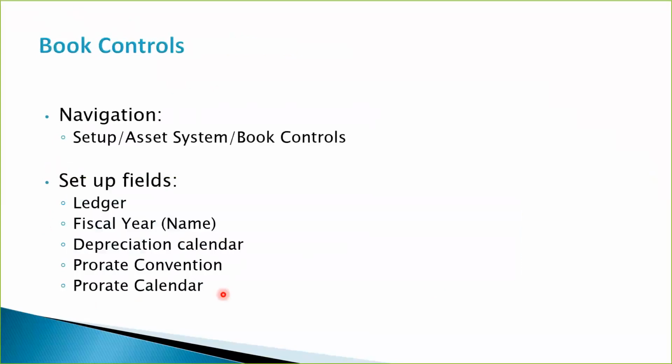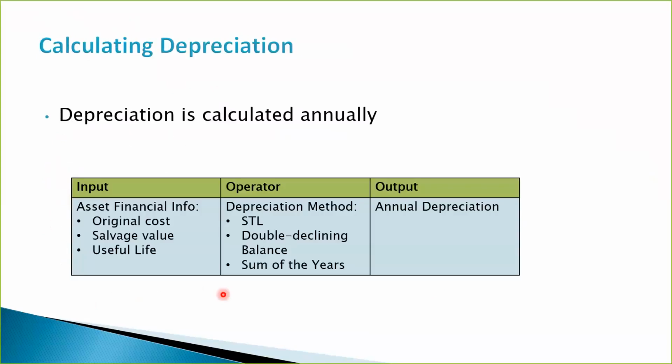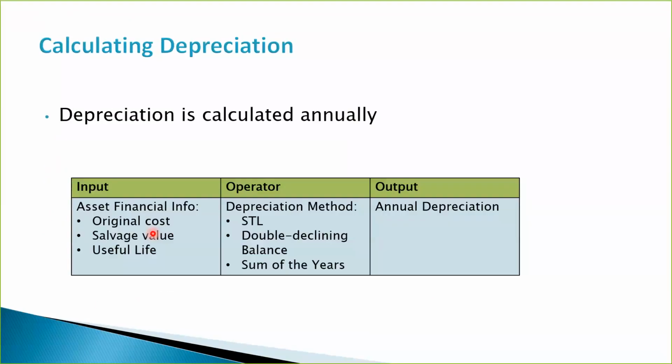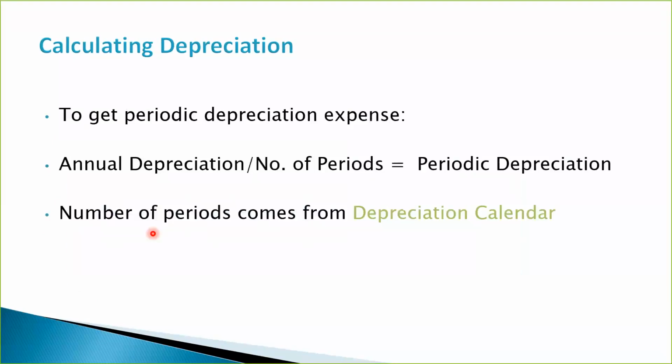So the reason why we try to understand how depreciation is calculated is so that we can better understand these new features that we are talking about. And we said that depreciation is calculated annually, but then based on the number of periods in our calendar, the periodic expense is found by dividing that annual depreciation by the number of periods.